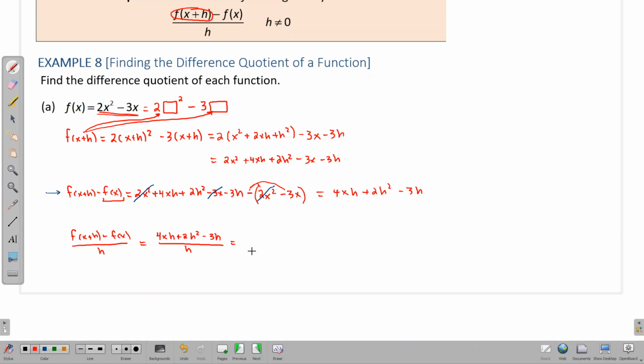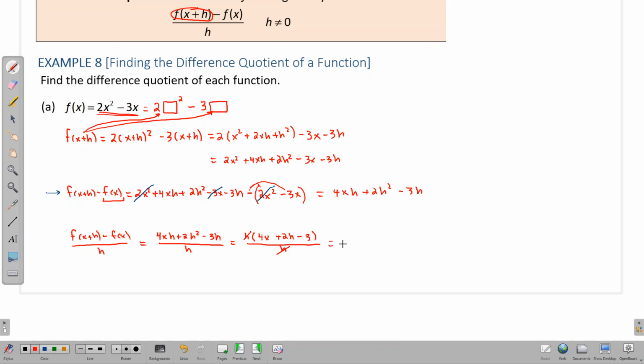All three terms in the top have an h, so we can factor that out, leaving 4x plus 2h minus 3 all over h. This h then cancels with the one in the denominator. Remember, to cancel things in the denominator, you really have to have it factored out.